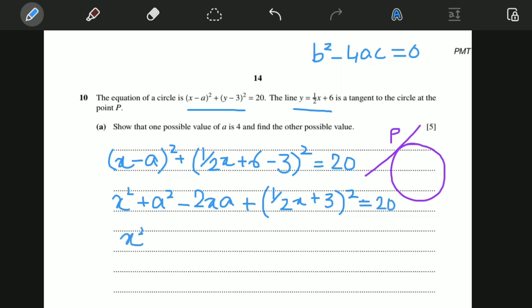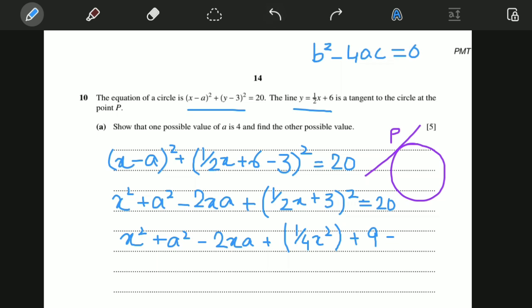Then it will be x square plus a square minus 2xa plus 1 by 4 x square plus 9 plus 3x.